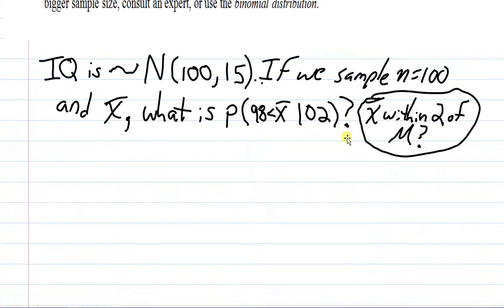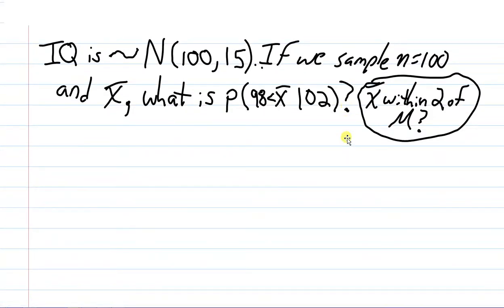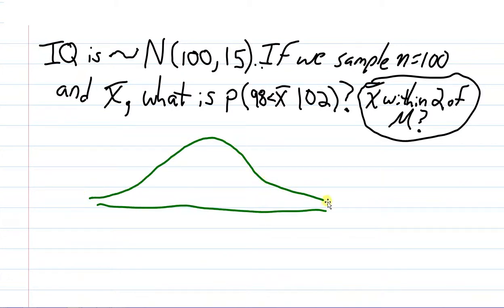What we know then from rule A is that these sample means are going to have a normal distribution, no matter what the sample size is, because IQ is already normally distributed, and the mean of the sample means. So let's be clear on what we're drawing here. The mean of all possible sample averages of 100 is going to be 100, the average IQ.